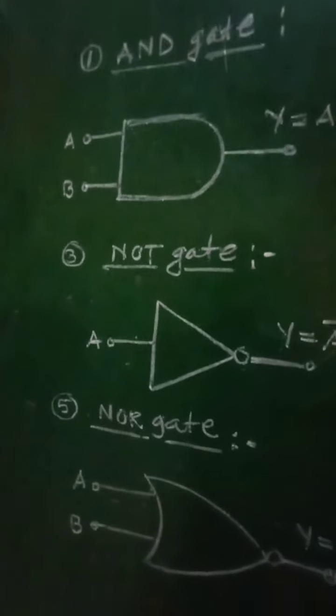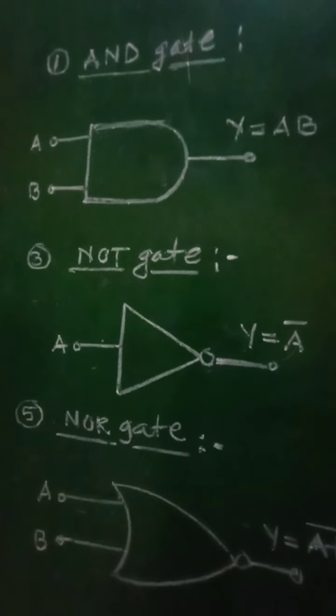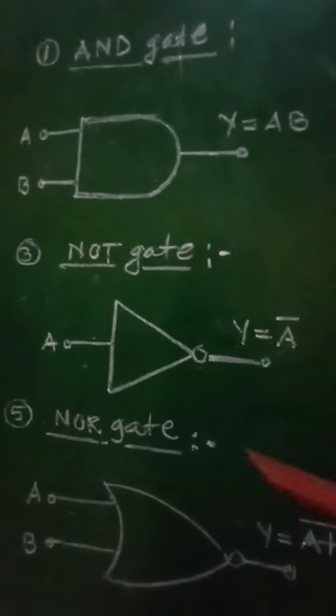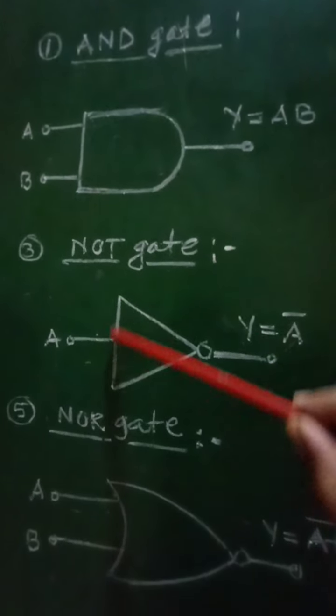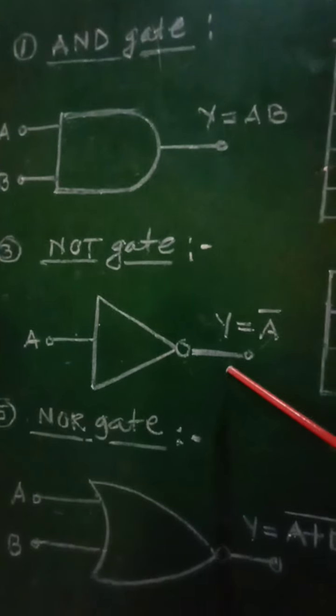Then let us go for the third gate, that is NOT gate. NOT gate is also called the inverter gate. That means the input supplied at the input of this NOT gate will be inverted at its output.